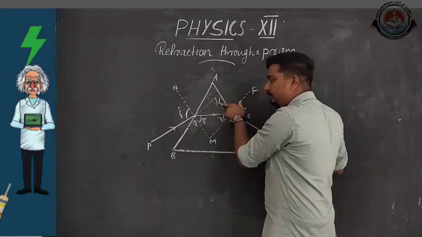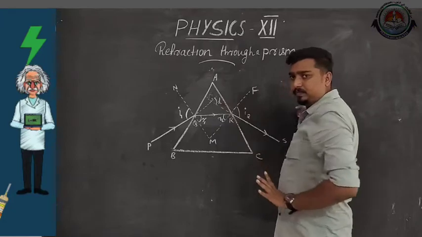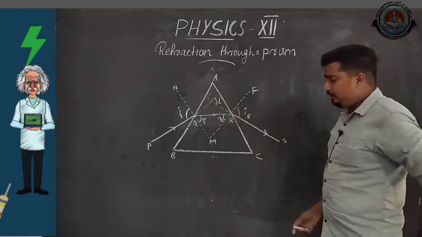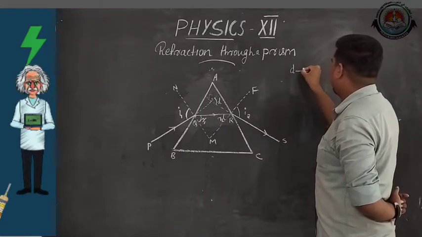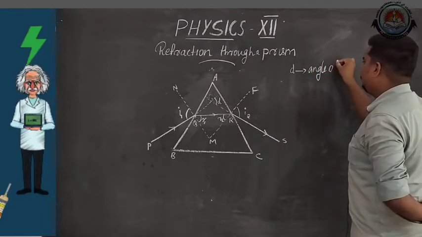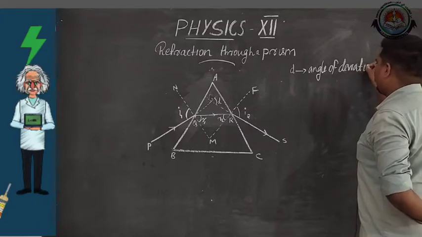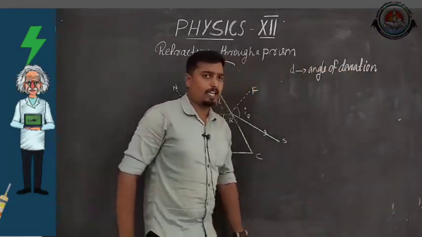That will give this angle of deviation. D is represented as angle of deviation. Is it clear?